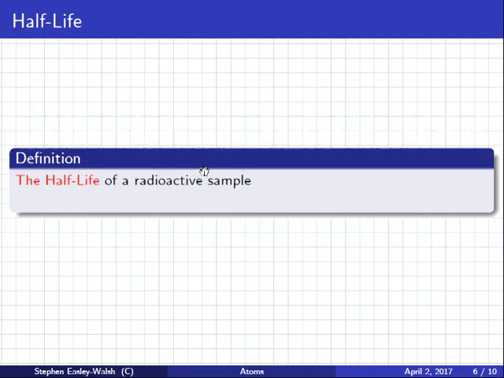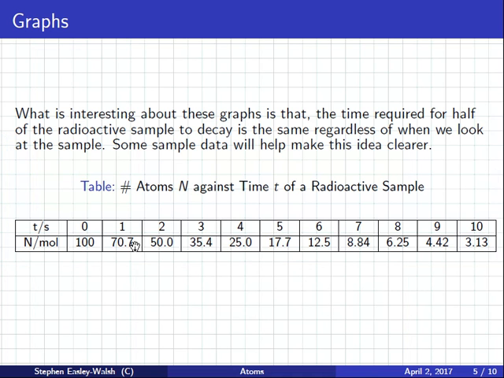What you're not seeing here is how much of the radioactive material I have. I'm not counting the part that has become stable. So here, when this 100 becomes 70.7, the other 30 hasn't vanished off into the regions of nowhere. It's just become a stable material, which I'm not counting anymore. I'm only looking at how much of the unstable material I have.